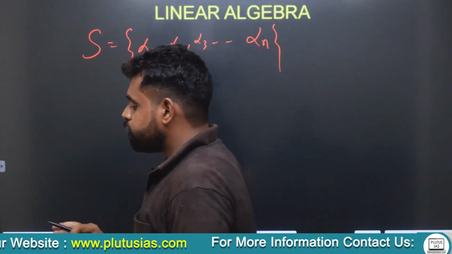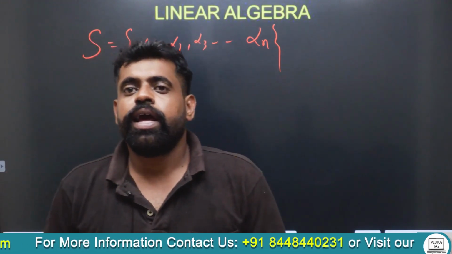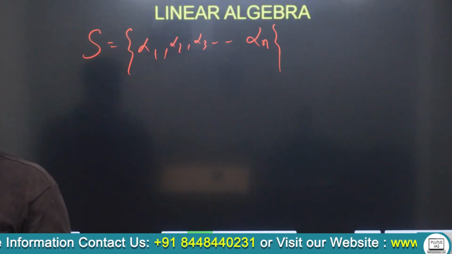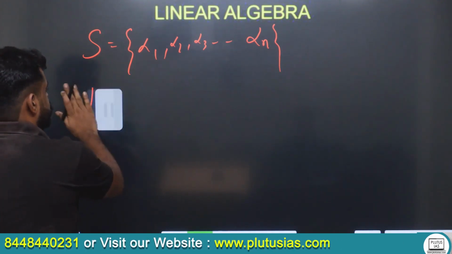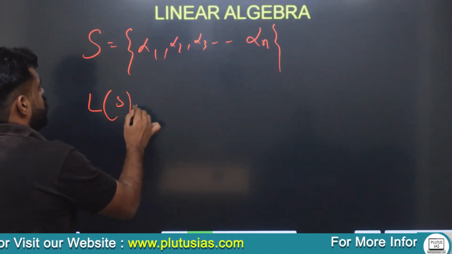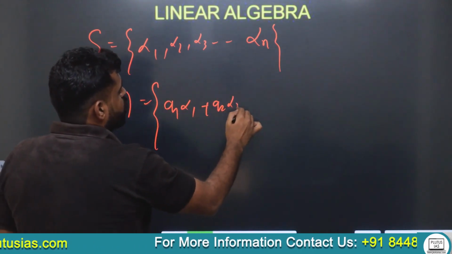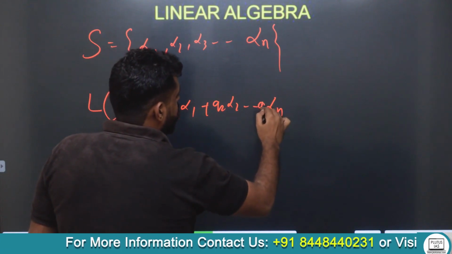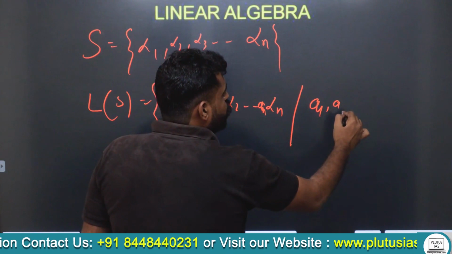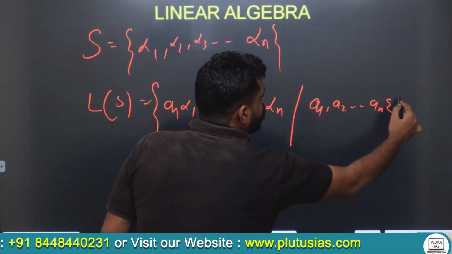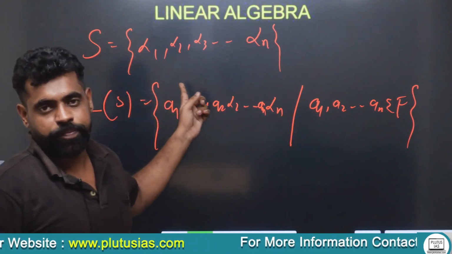Out of the field, if you take any n elements a1, a2, a3, ... an, and you make the combination a1 alpha 1 plus a2 alpha 2 plus ... an alpha n, such that a1, a2, ... an belong to the field, then this is called the linear span of the set S.